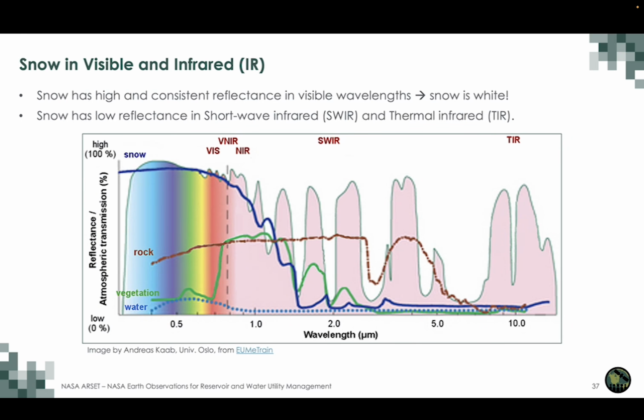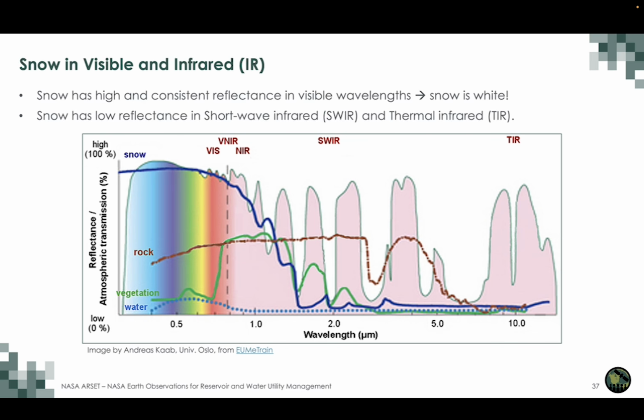Diving deeper into how we observe snow, let's look at its unique spectral signature. In the visible wavelengths, snow has an incredibly high and consistent reflectance. Simply put, this is why snow appears bright white to both our eyes and our optical sensors. However, as we move into the shortwave infrared and thermal infrared wavelengths, snow behaves very differently.